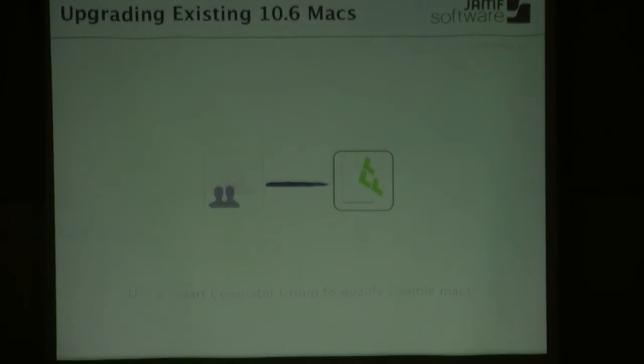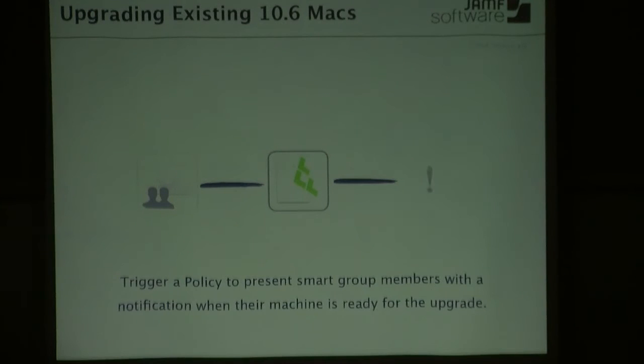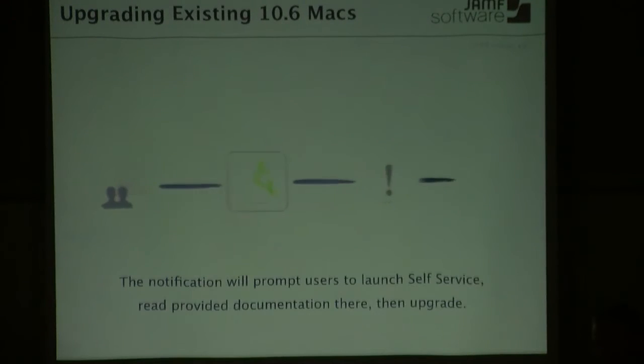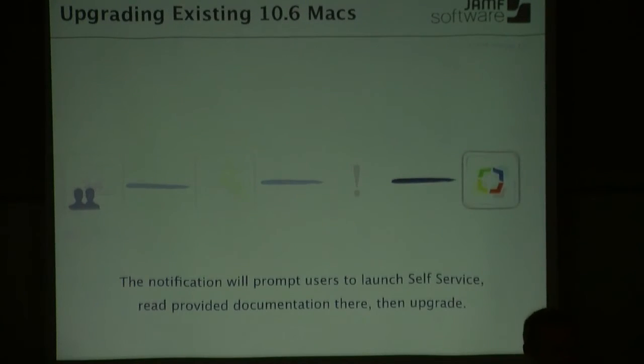We want to trigger the policy to make this available in self-service for the user. So we can make it available in self-service, and we can pop up a notification for the user saying that it's available. Now, some people might have a different strategy for this. You might wait for a user to call the help desk and say, hey, I'd like to get Lion. But if you want to let your user know that it is available, you can go in here, send a notification to them.